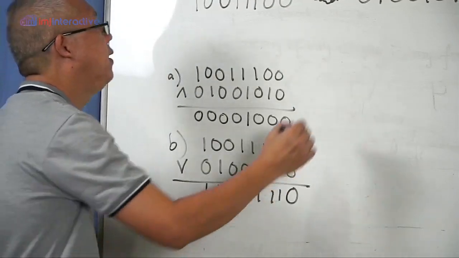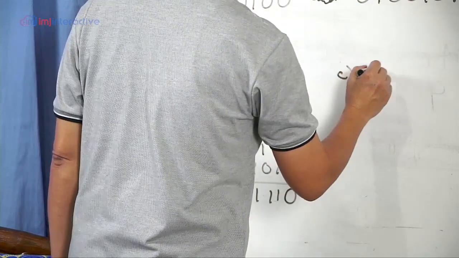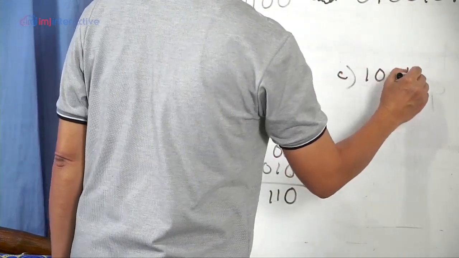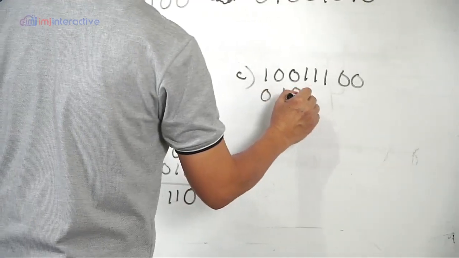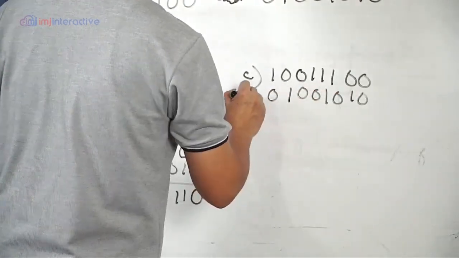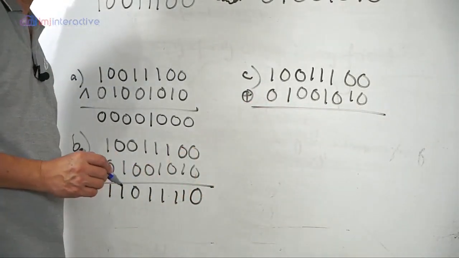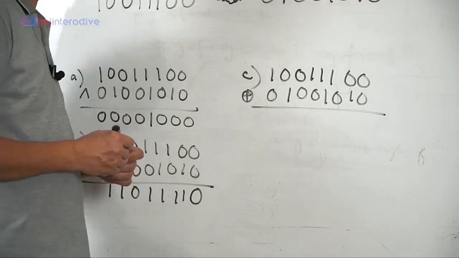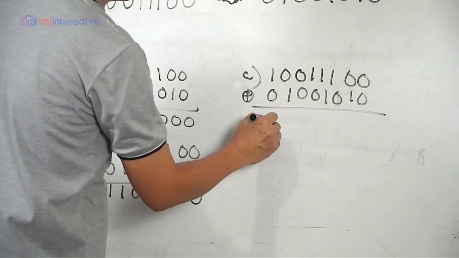Third example, exclusive OR: 1, 0, 0, 1, 1, 1, 0, 0, 0, 1, 0, 0, 1, 0, 1, 0. Exclusive OR means it will only be true if one is true and one is false. 1 true, 1 false, true.